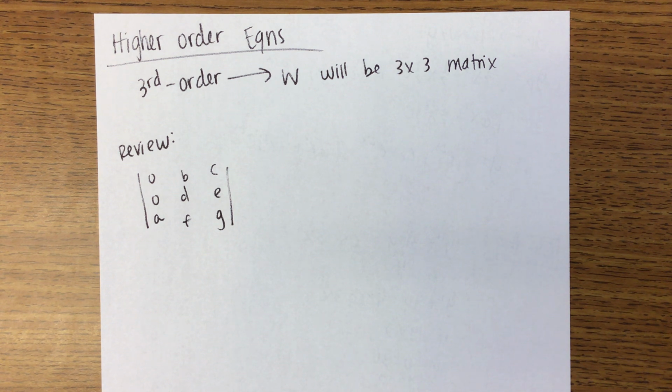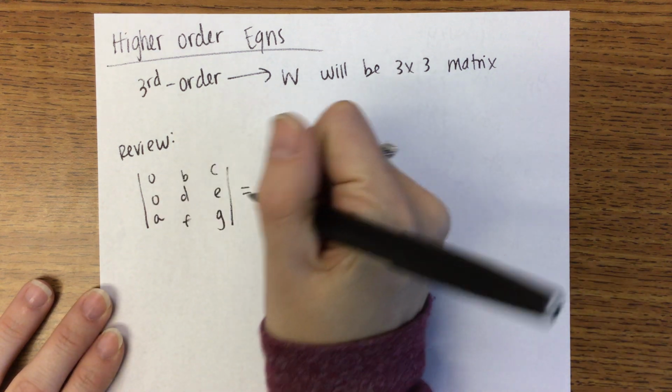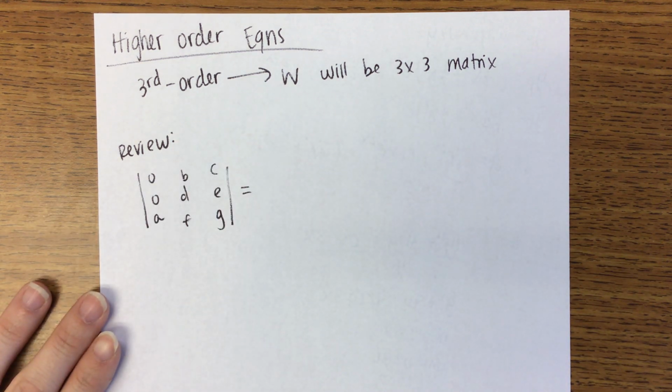So what row or column would be the best option? Let me remind us how to take the determinant, and then we'll figure out which one is best.